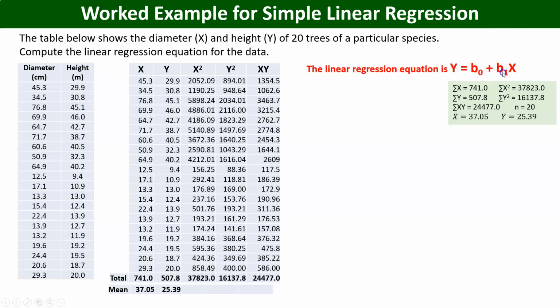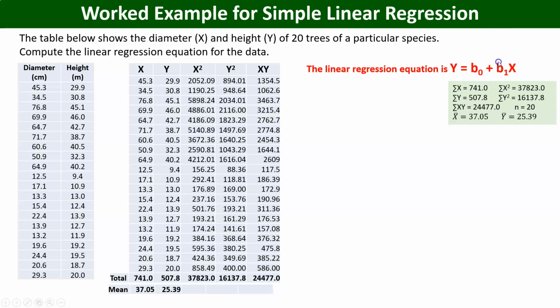Now, B0 and B1 are the parameters of the equation. So we have two parameters there, B0 and B1. So to analyze data in regression analysis, our task is essentially to compute the values of B0 and B1, the parameters. Those are the values we want to estimate.